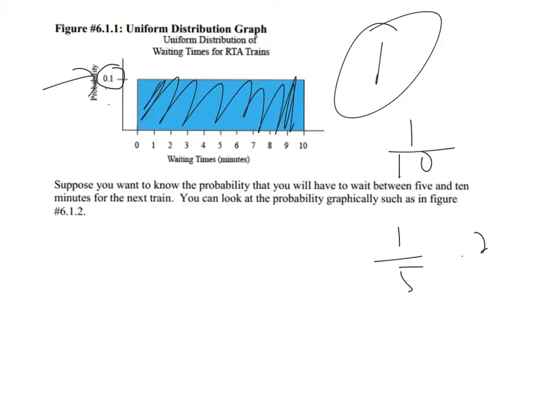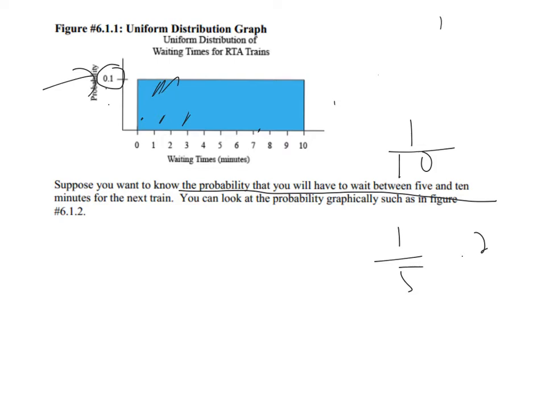But to answer this question, they're asking us, what's the probability they'll have to wait between 5 and 10 minutes for the next train? Well, let's see. Between 5 and 10 minutes. So you remember how I added up those bars in the last one?